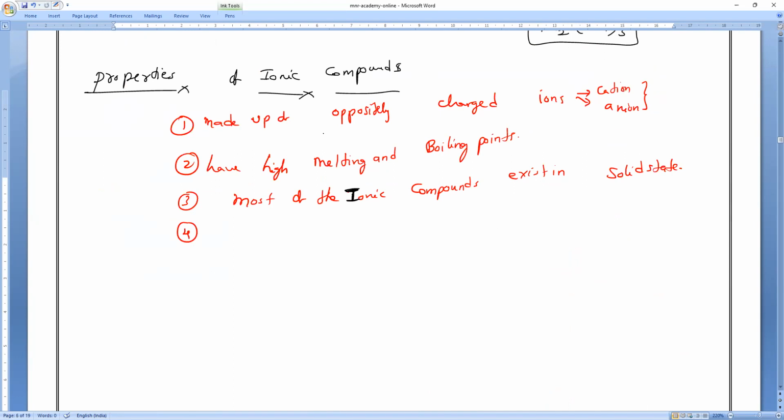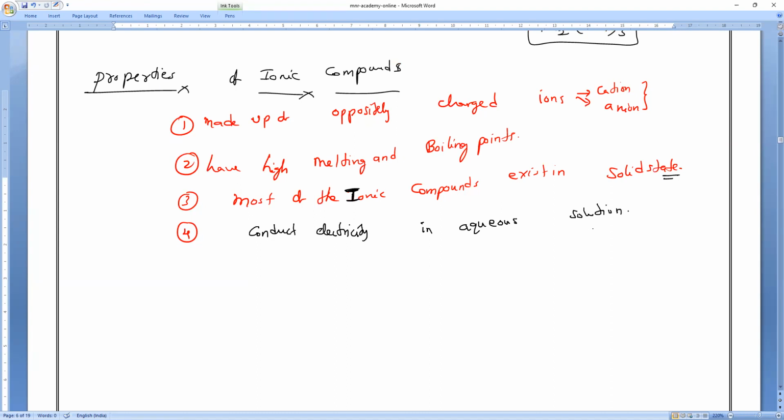So most of the ionic compounds exist in what state? Solid state. Now, they will conduct electricity in aqueous solution only. Remember, when they are in solid state, no current will pass through them.